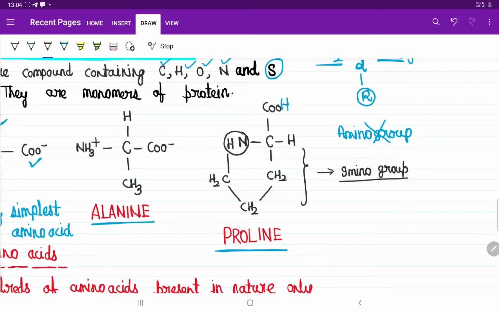That ring is called the imidazole ring. So this amino acid does not have an amino group, it has an imino group.